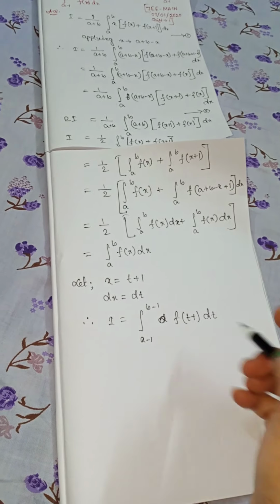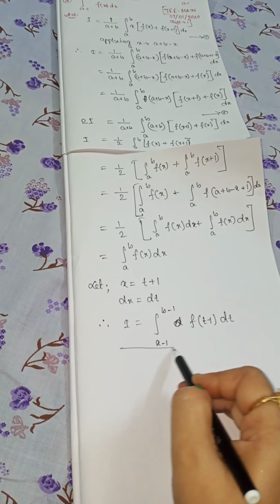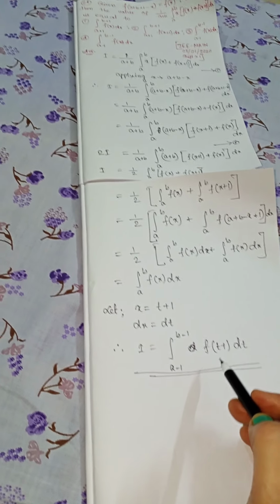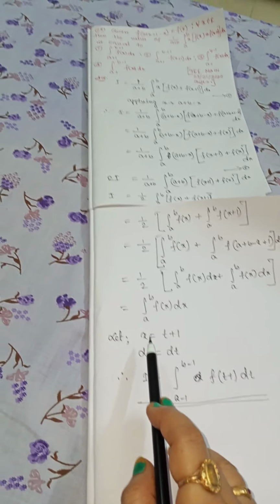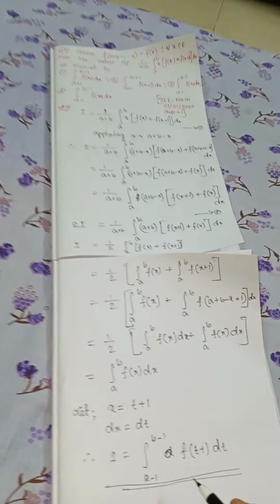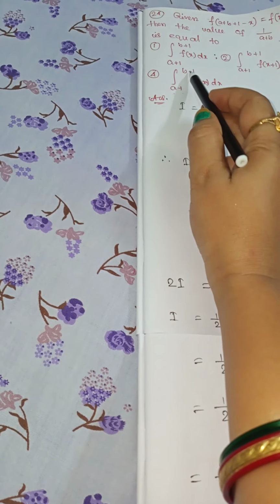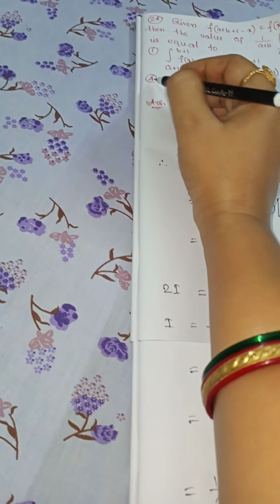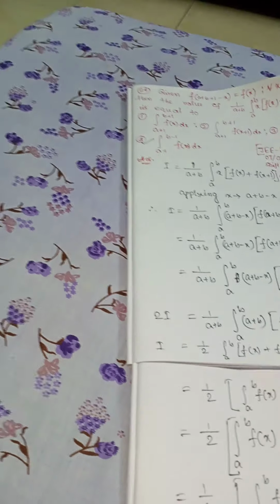As t is also a function of x, our fourth option is integration from a - 1 to b - 1 of x f(x+1) dx is our right choice.